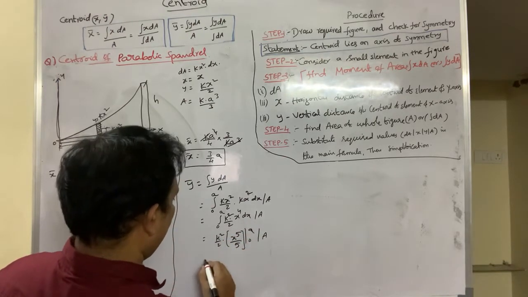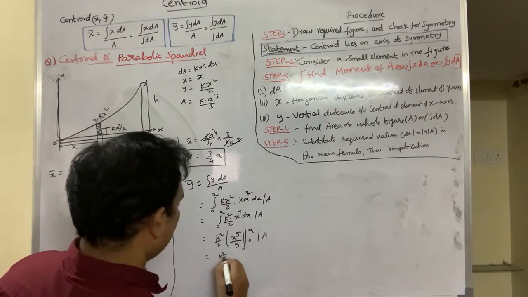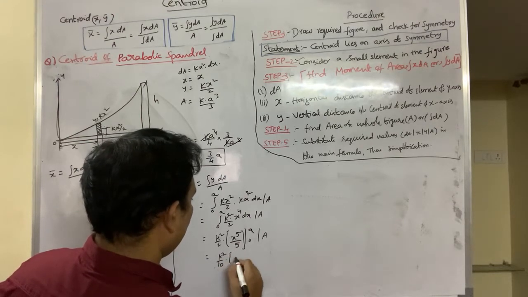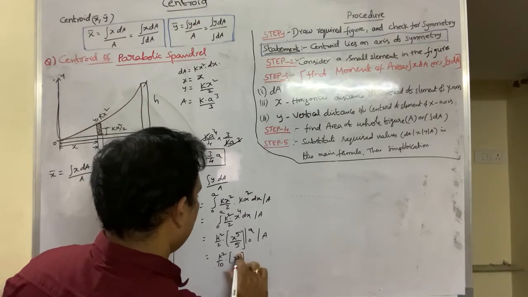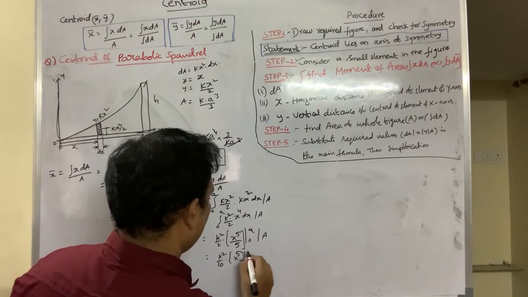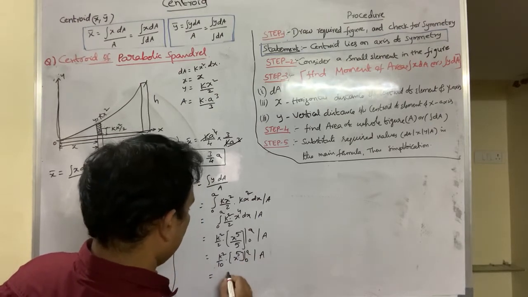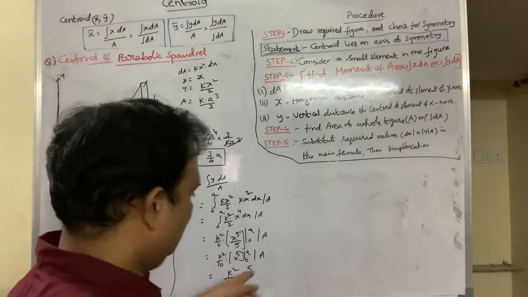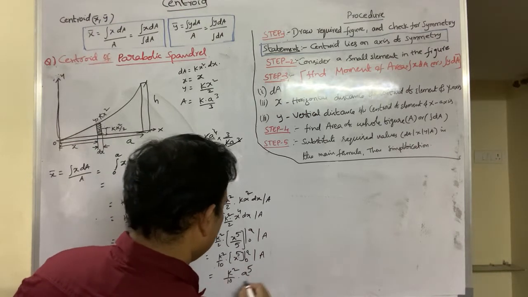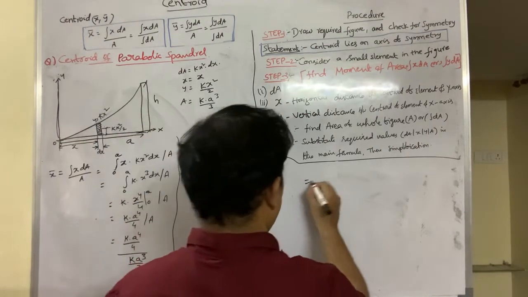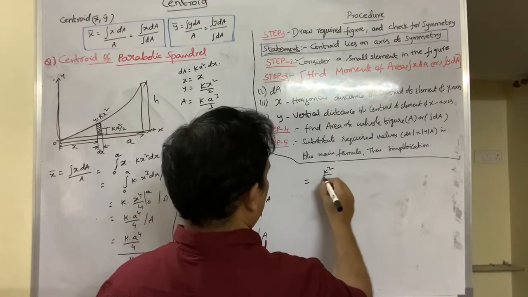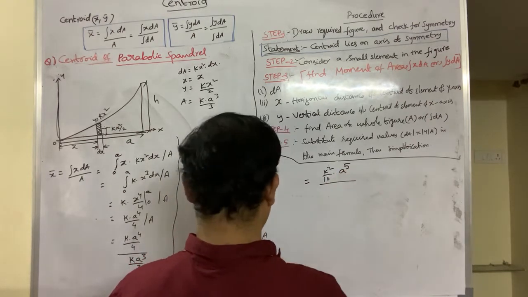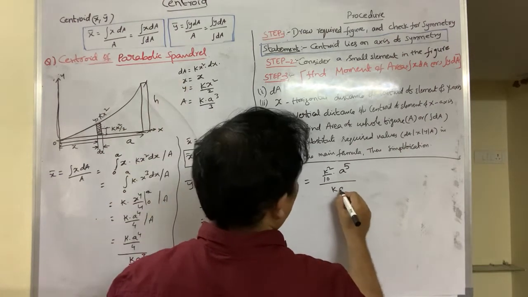By area. So this would be equal to k square by 10 into x power 5 from 0 to a, by capital A. This is k square by 10 into a power 5, of course minus 0, by capital A. This is k square by 10 into a power 5 by A, and capital A is k a cube by 3.